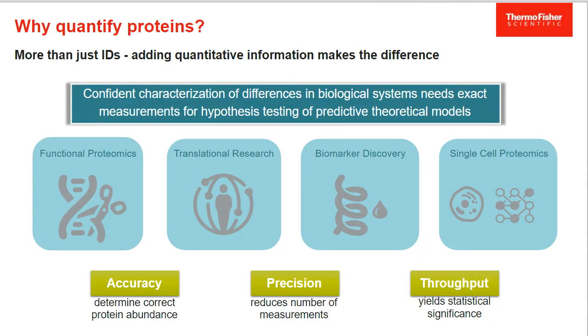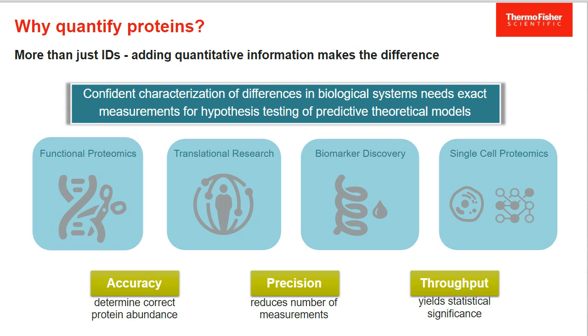So the question here we want to address is why to quantify proteins. Beyond protein IDs, here the focus is on adding confident quantitative information which would give meaningful insights into the biological systems. This applies to several different fields of applications within proteomics, be it functional, translational, biomarker discovery, or single-cell proteomics.